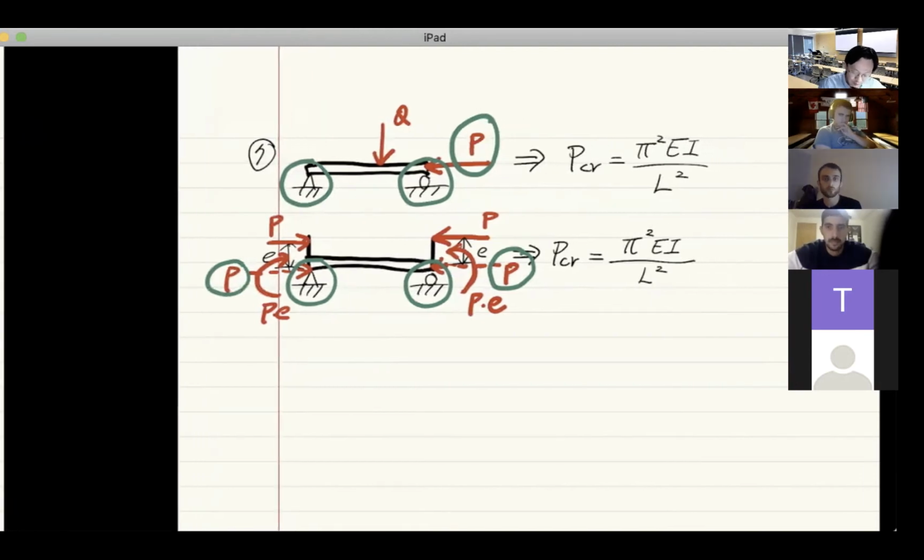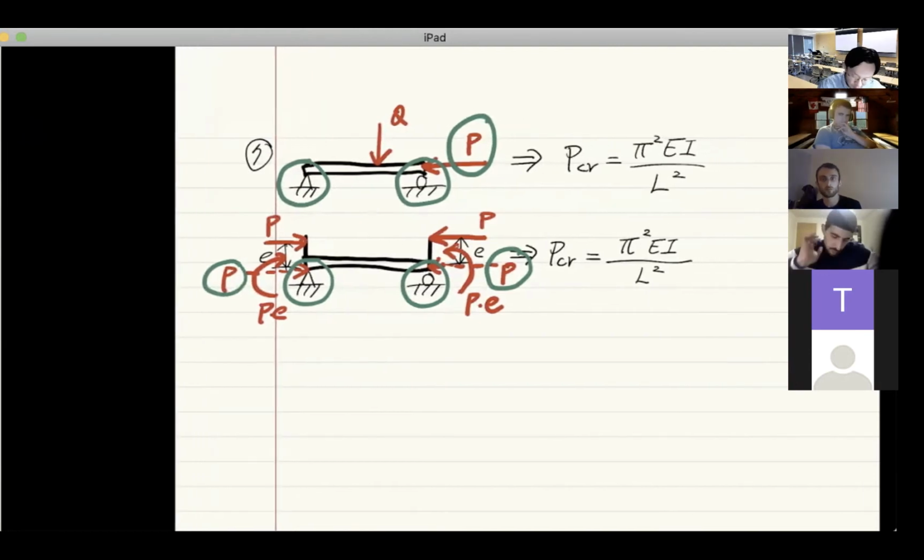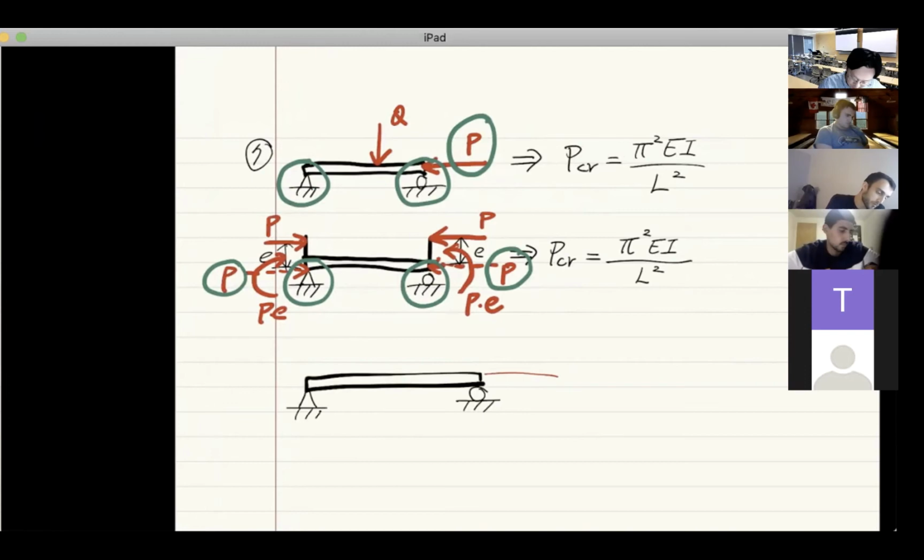We have actually lots of possibilities. For example, let's consider this. Consider that I have a column, and the column is subjected to lots of crazy things, but I still have the axial force here. So in addition to having one Q, we can actually put them all together, right? So let's add one more Q here. And maybe we can add another, let's call it Q1.